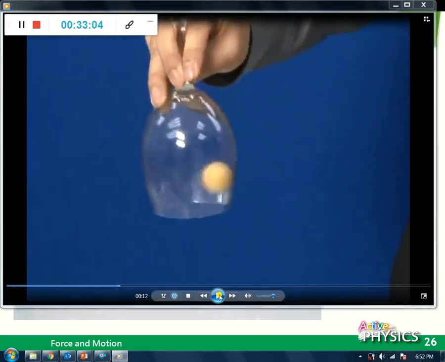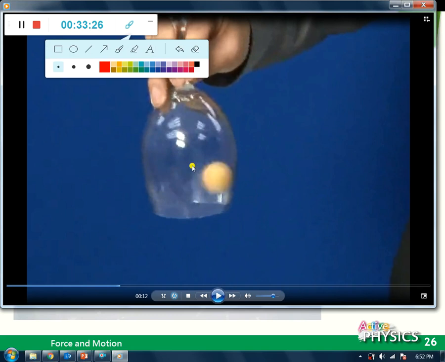The inner surface should be inclined to a certain angle, to provide a normal reaction that is not horizontal but inclined in this way. If in this way, you can provide two components. Normal reaction is this way.